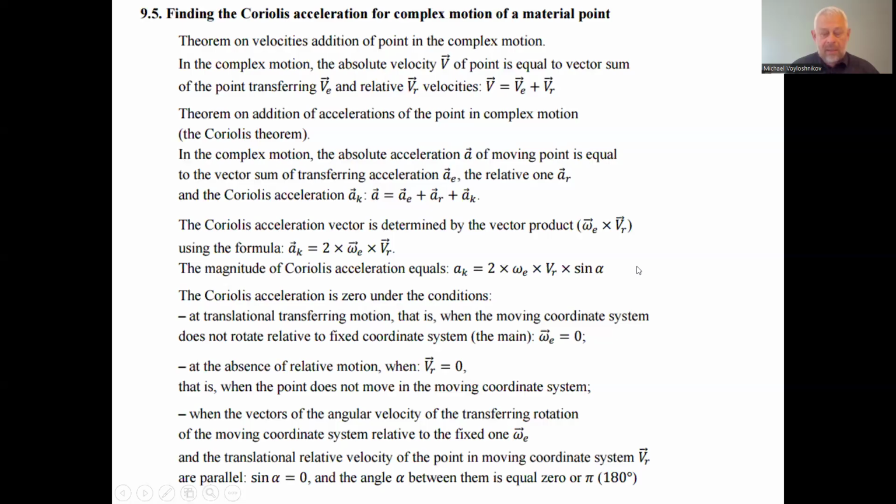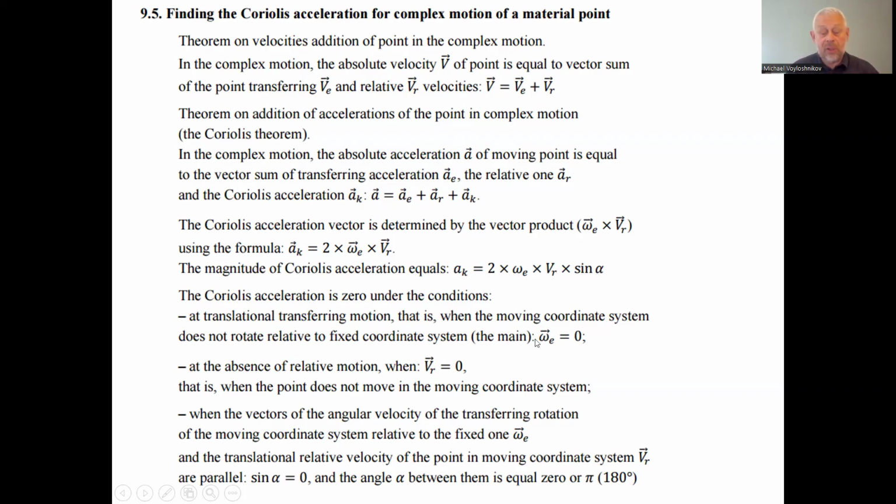So the question arises: in which particular cases is the Coriolis acceleration equal to 0? For example, it is equal to 0 if the magnitude of the transfer angular velocity is equal to 0. That's one case. Or if the translational velocity of the point in the moving coordinate system is equal to 0, or if sine alpha is equal to 0.